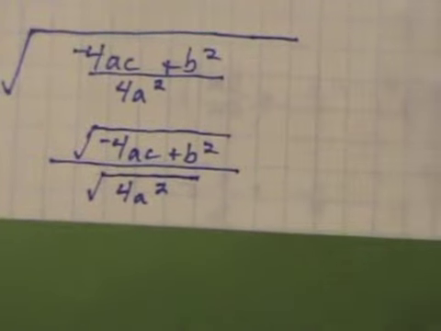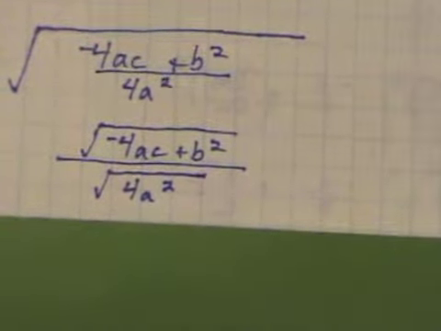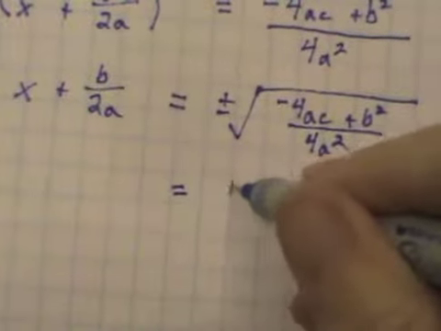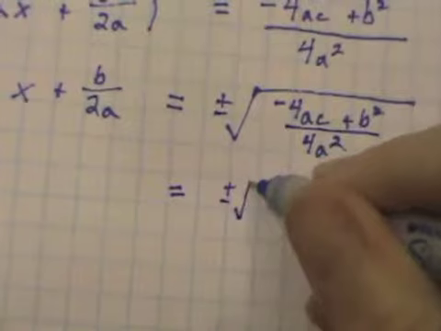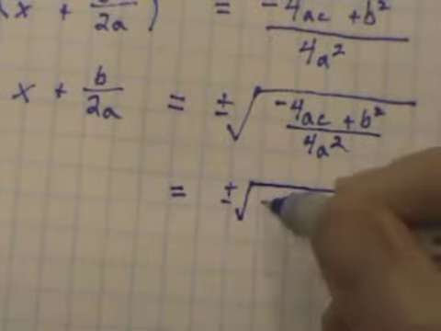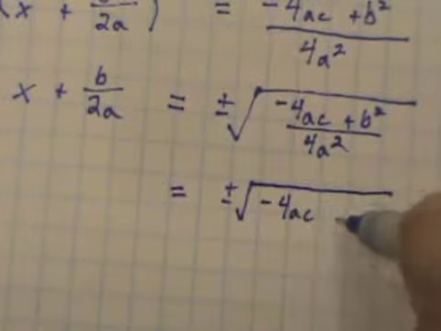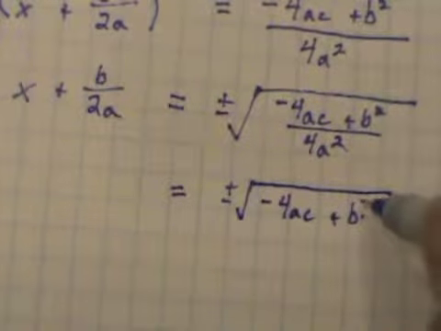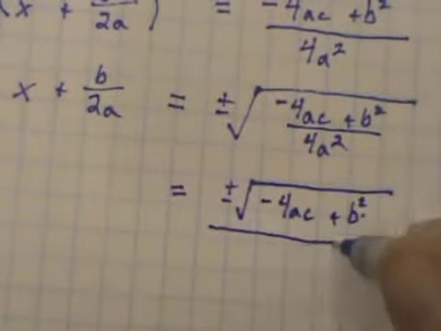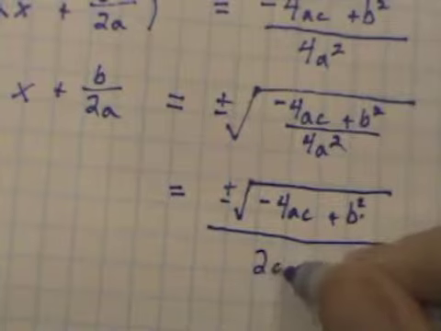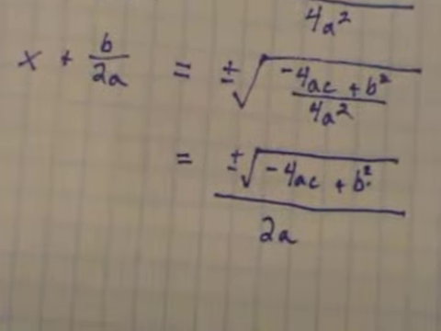We can take that square root. So we end up with plus or minus the square root of negative 4ac plus b squared over 2a.